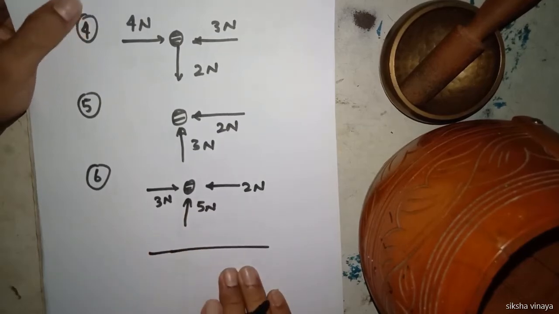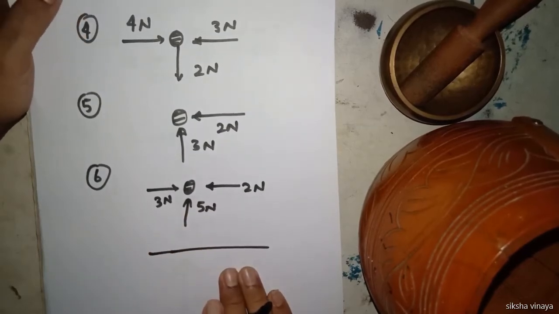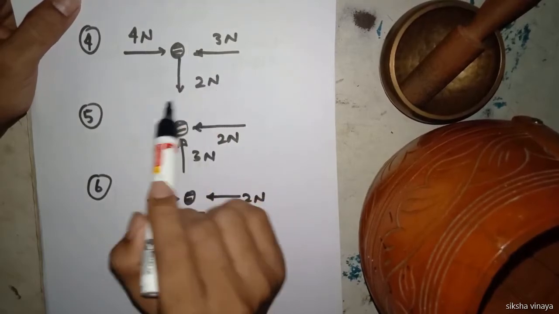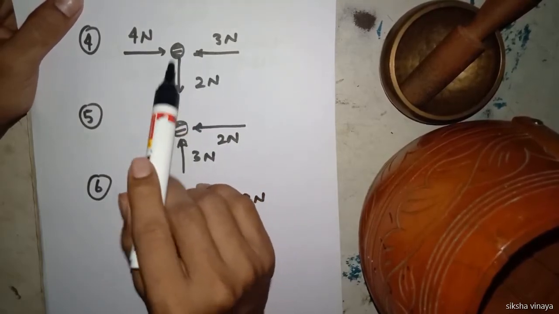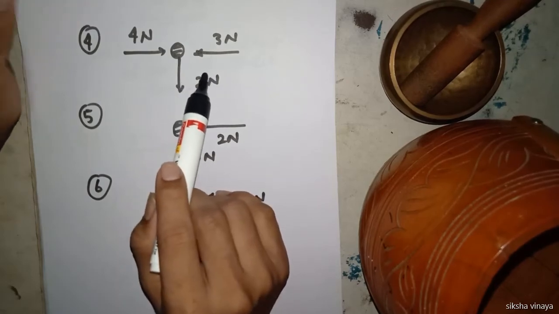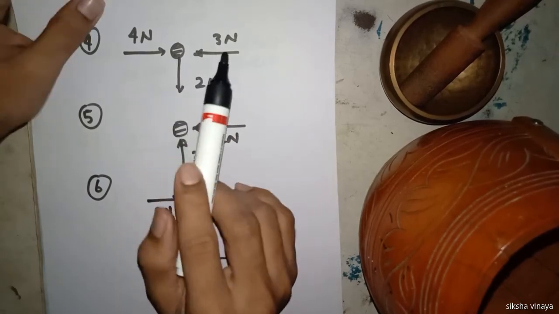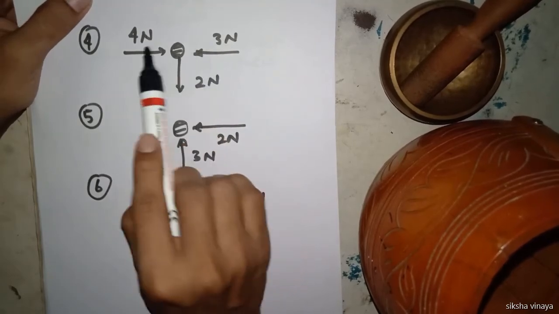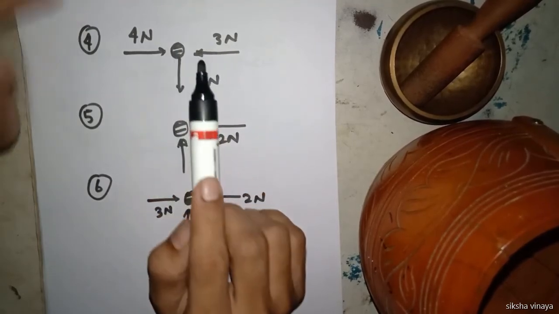You have to solve them at your home. Try it out. I am giving you some hint. How can you find the addition of these three vectors? First, try to resolve it into two vectors. For example, this is along the same line. This is larger.